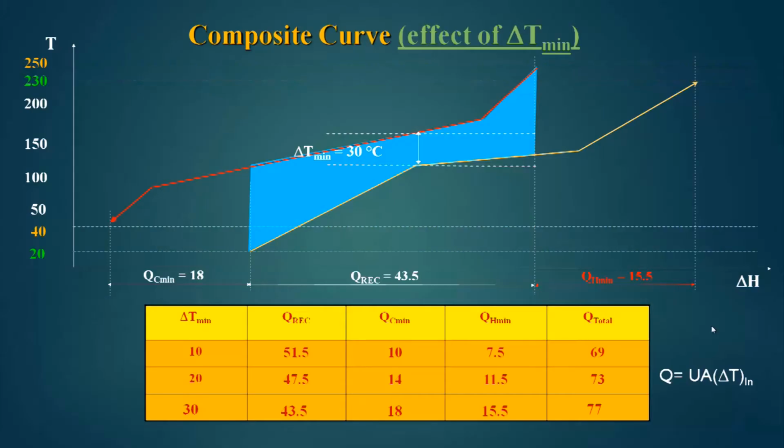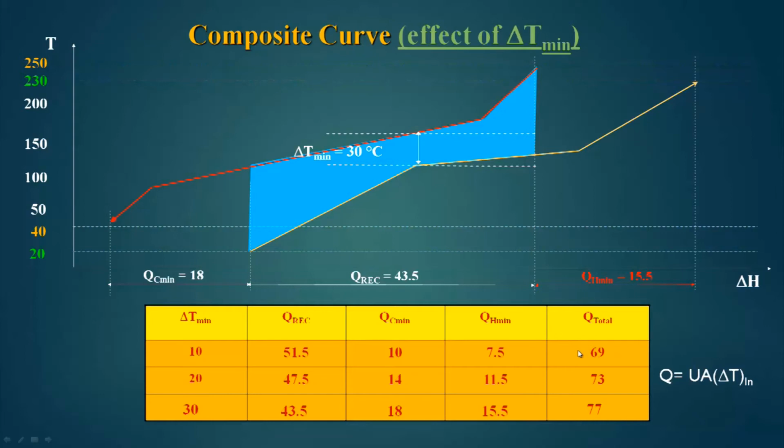But what we see here is a different story. When we are increasing delta T minimum, that means we are increasing the driving force for the heat transfer, the amount of total heat which needs to be transacted is also increasing.